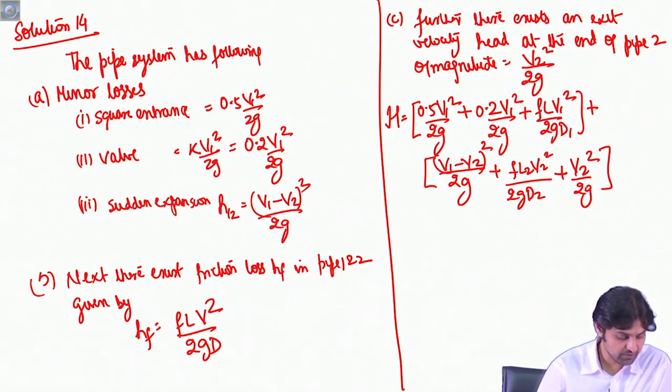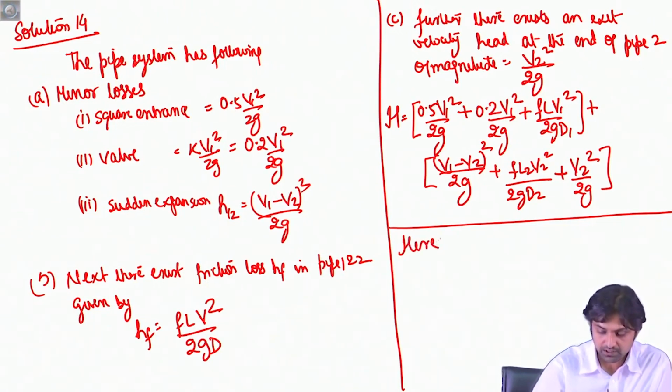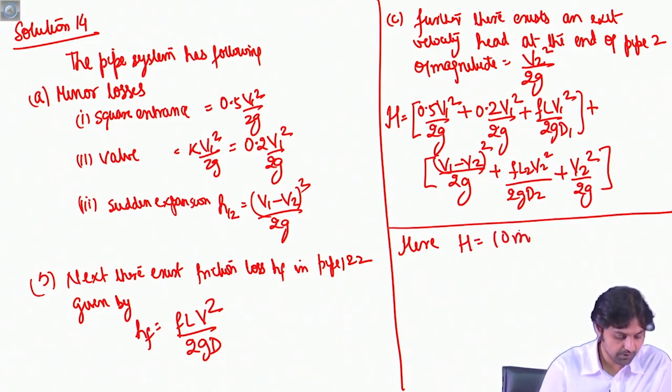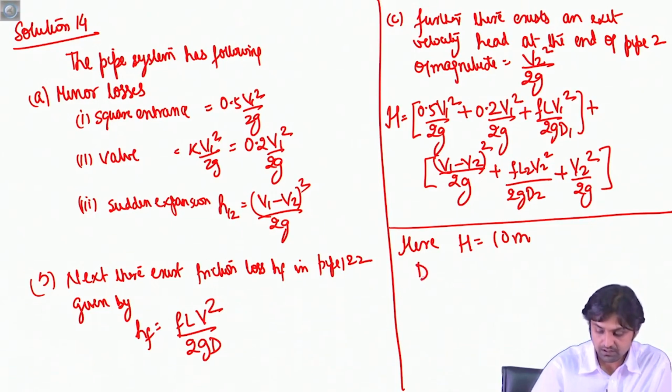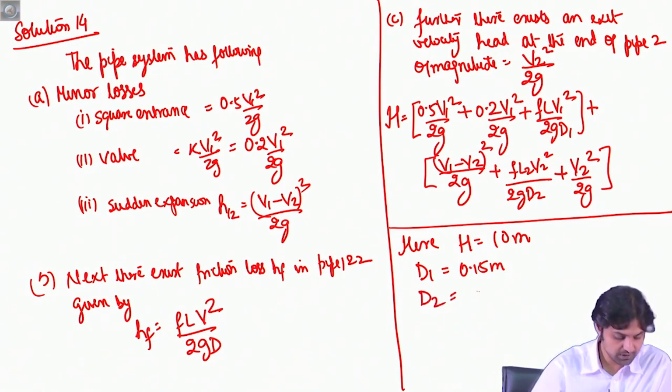So we start calculating. We can start by writing that the total head is 10 meters, because that is the entire head that is going to be lost. D1 is 0.15 meter, and D2 is 0.30 meter, that we know.